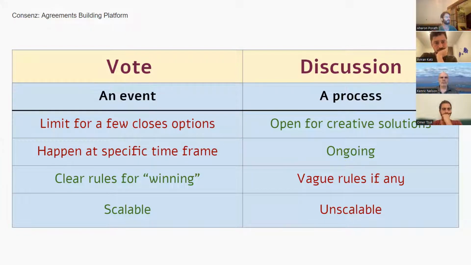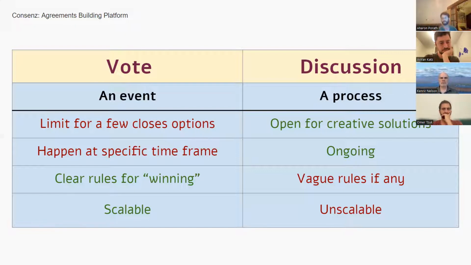In a vote, usually there are clear rules to determine which side is winning, if it is majority or another formula. When we are dealing with numbers of votes this way or another, it is easy to set the rules. While in discussion, it can be an open conversation. Most of the time, the rules are vague, if any at all. A process with an endpoint in a discussion is very rare.